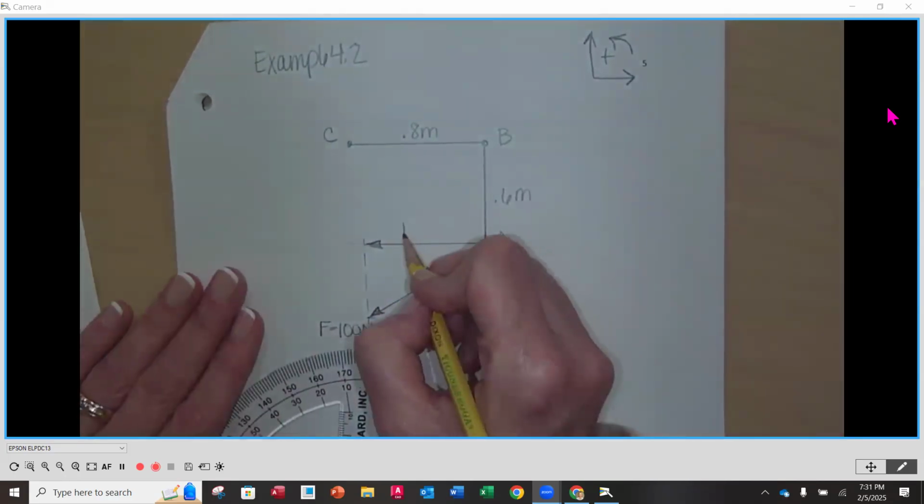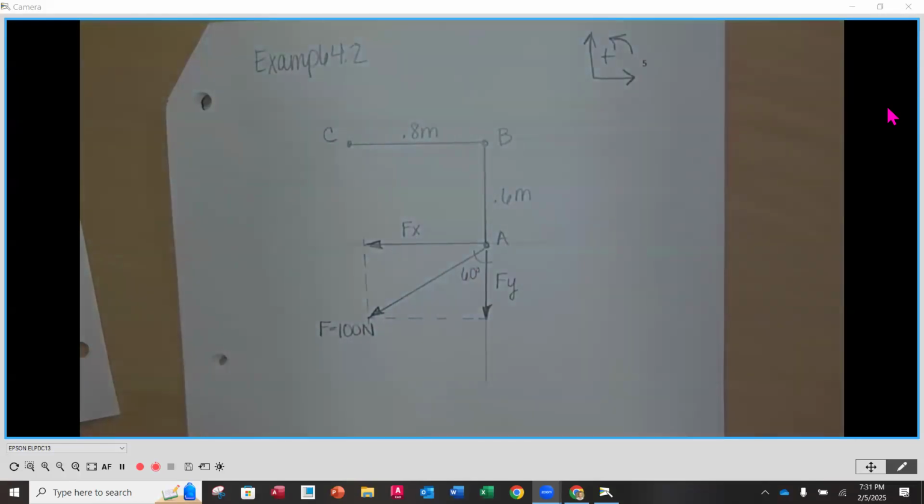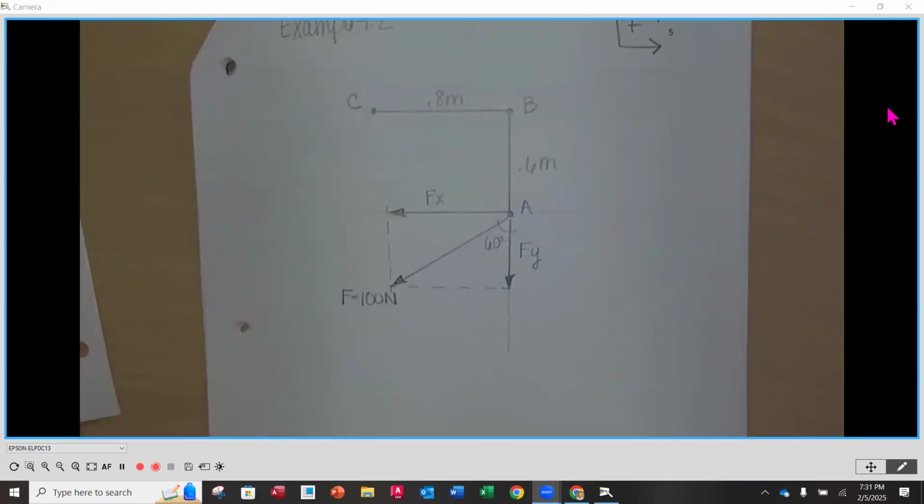And we're going to call this Fx and Fy. Now, we need to calculate the magnitudes of the X and Y components, and we'll be able to do it.